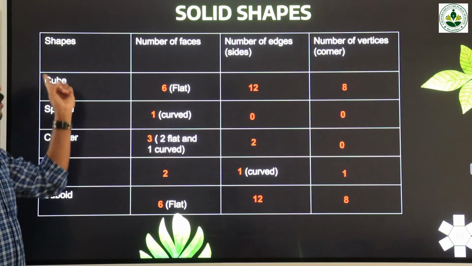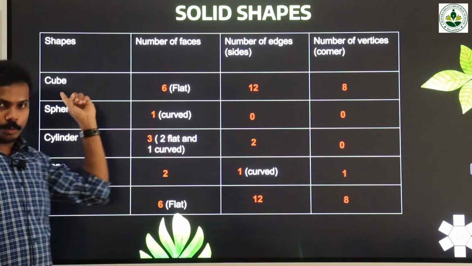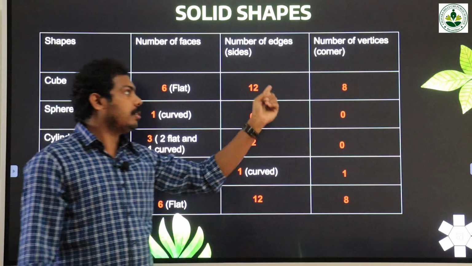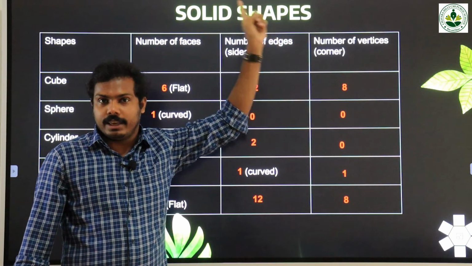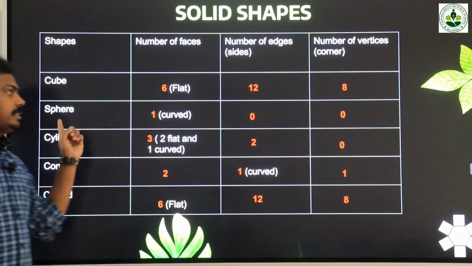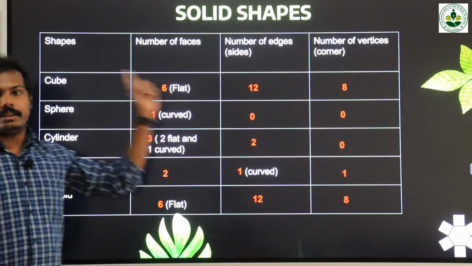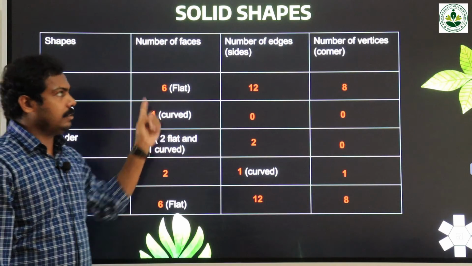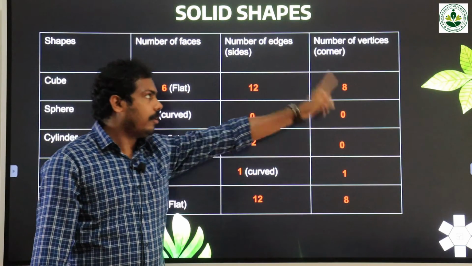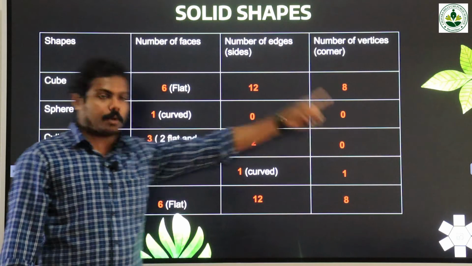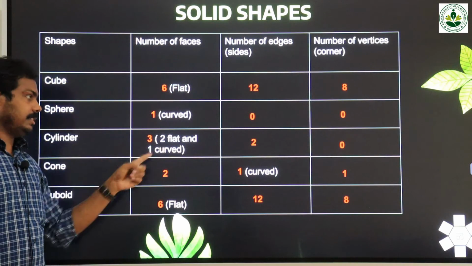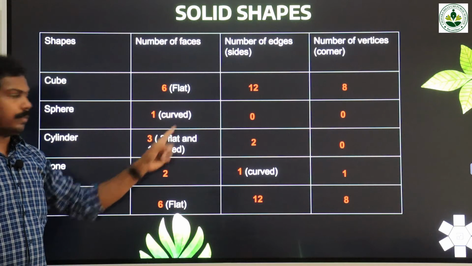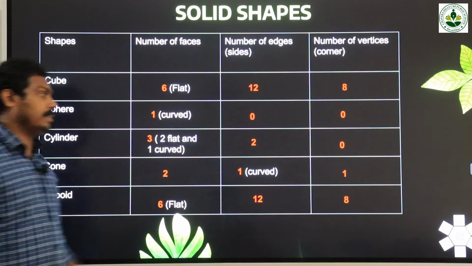In the beginning, the number of faces of a cube 6, number of edges of a cube 12, number of vertices of a cube is 8. Next shape, sphere. Number of faces 1, number of edges 0, number of vertices 0. Next one, cylinder. Number of faces 3, 2 flat and 1 curved face.